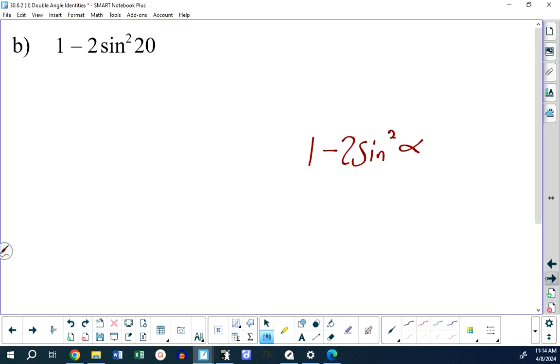It doesn't really matter. And that's equal to cosine of 2 times alpha, which means this is equal to cosine of 40. And by the way, there's no degree symbol there, so even though if you left your calculator in degrees, you would still verify that they're equal, but we are asked to do it in radians.